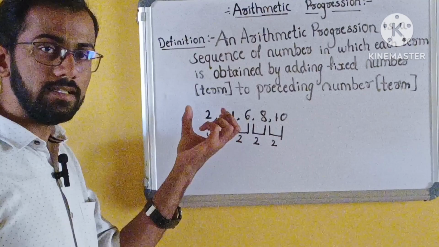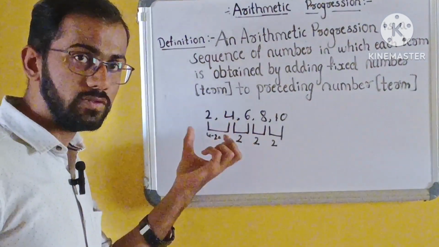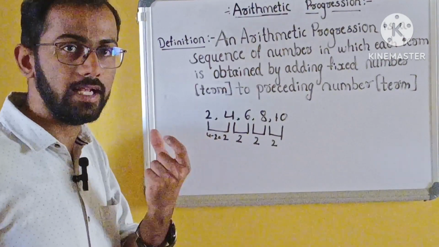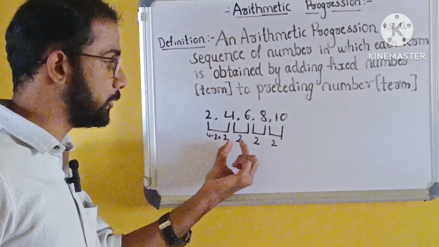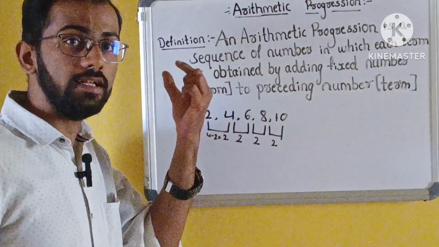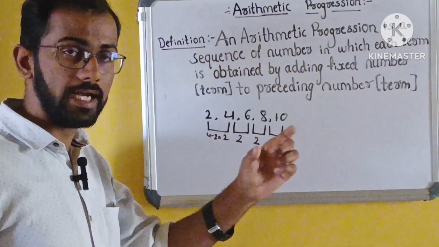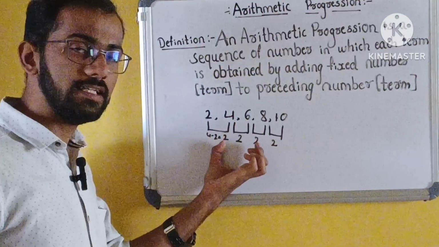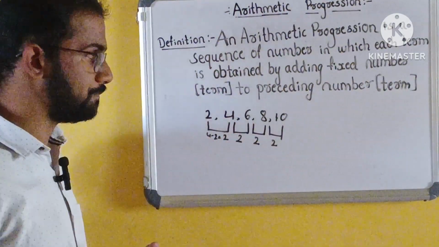So if we subtract two consecutive numbers, the value we get after subtraction should be the same in the whole sequence. Only in that case do we say that it is an arithmetic progression.